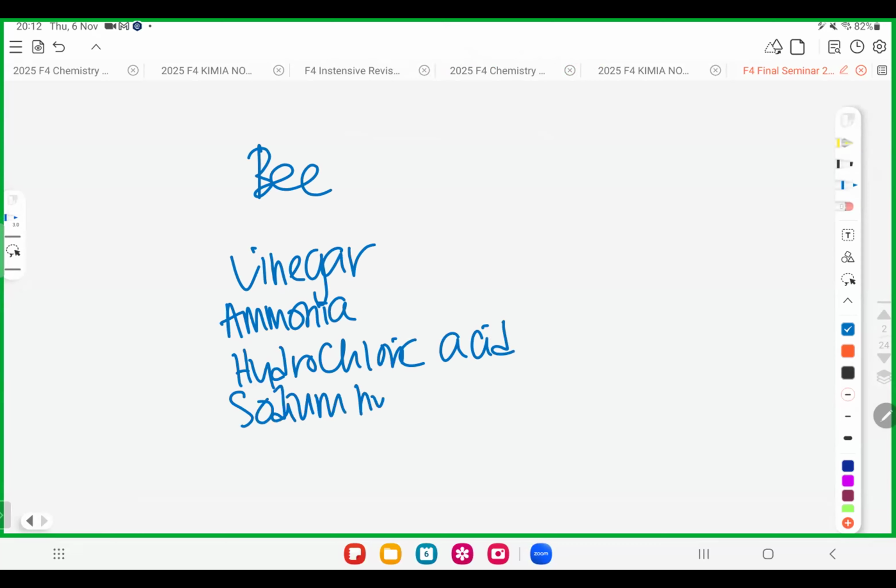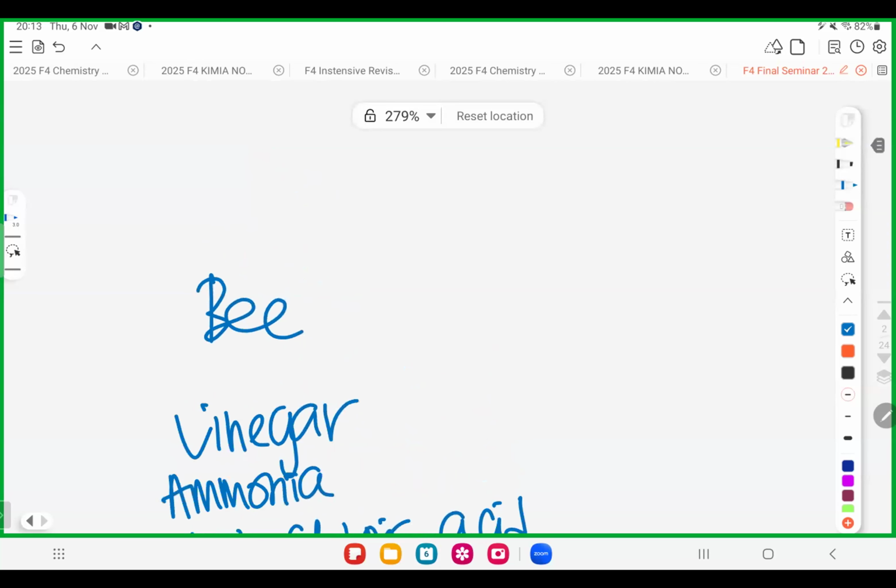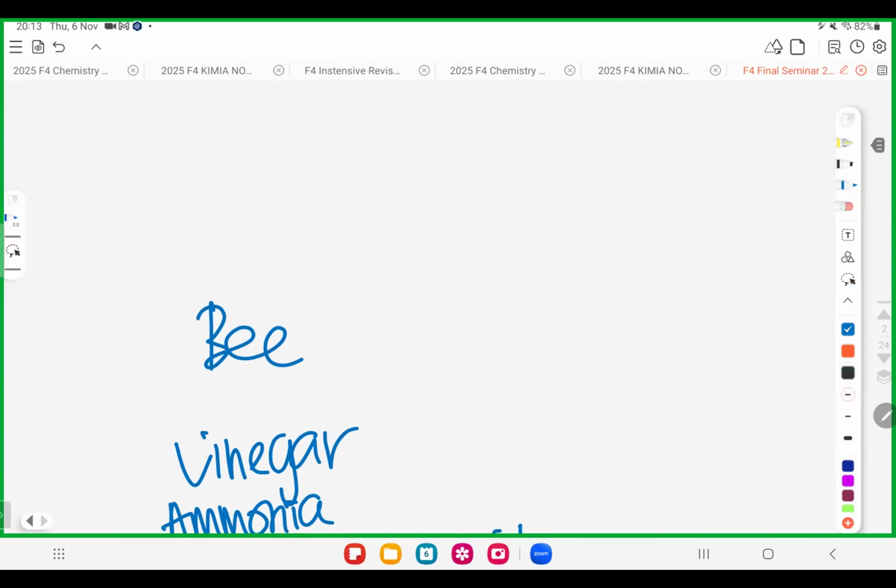If any of you remember, this is a concept called neutralization. Insect stings can be acidic or alkaline. For those who follow my class, you should know there is a way for us to remember it. Normally they will ask us about the bee and wasp sting.